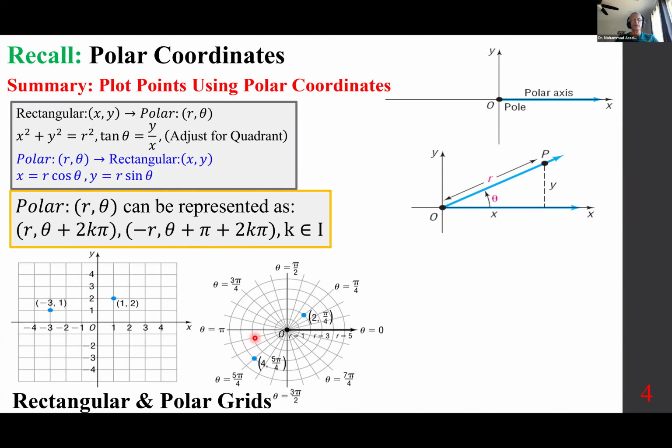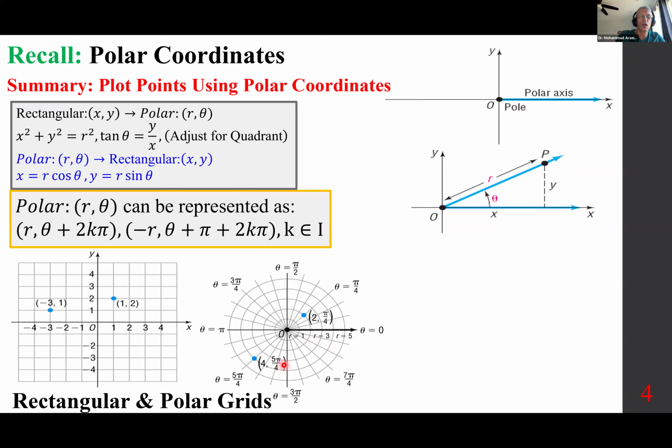Rectangular and polar grids. You have a point, 1 to the right, 2 up, 3 to the left, 1 up. But what about polar? You first find the angle, in this case pi over 4, and then r is 2, so you go 2 tick marks. The way we have it, each tick mark represents a circle, all of them centered at 0, 0, with radius 1, then radius 2, and so on.